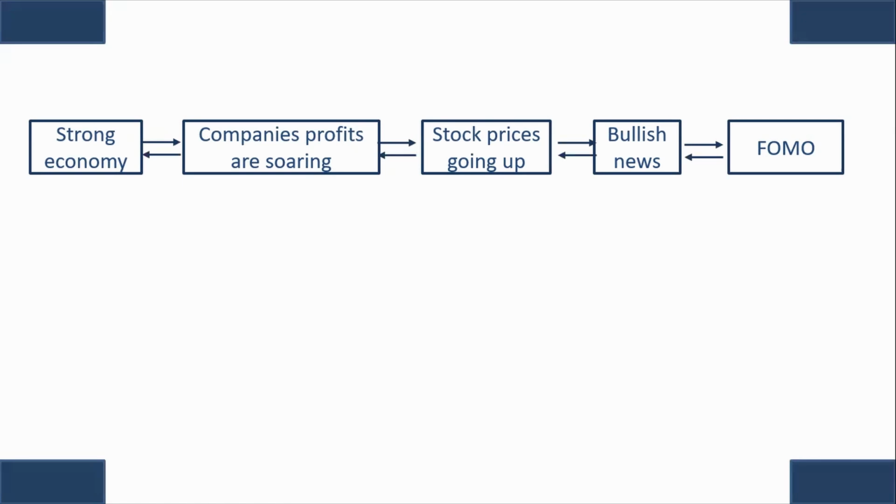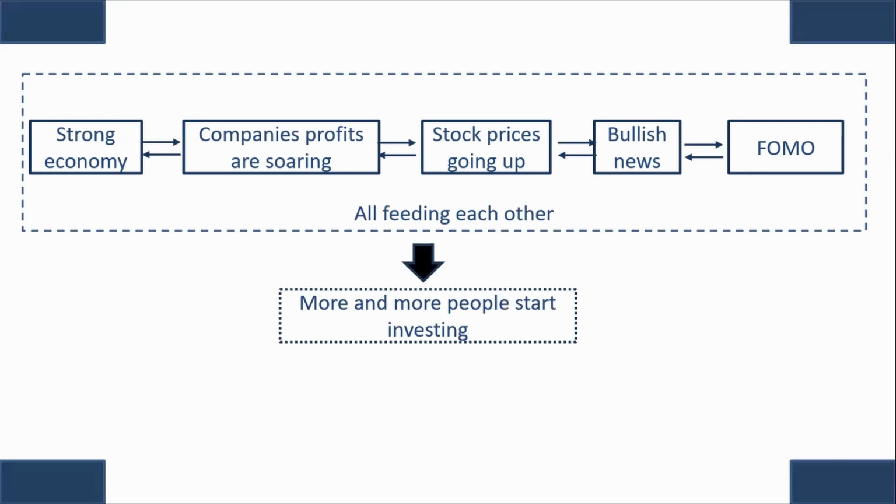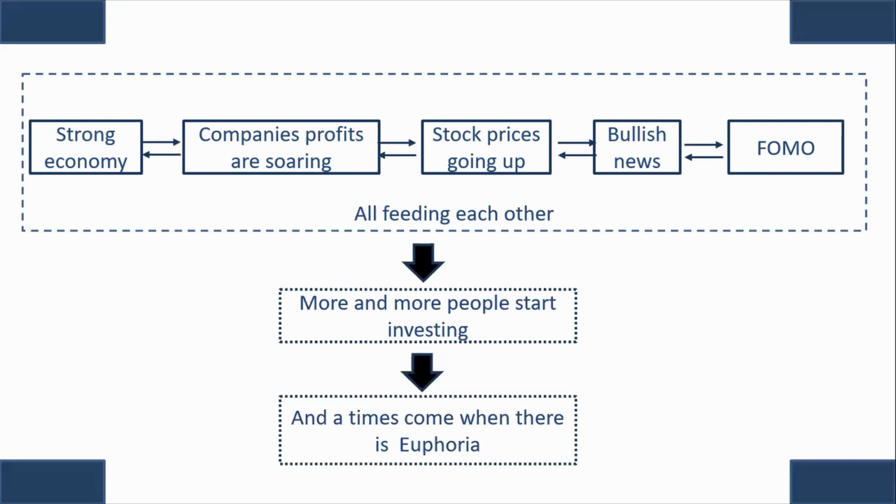Because a strong economy will lead to companies' profit, and profit will lead to stock prices going up. Bullish news will be there and it will increase the FOMO. So all this starts feeding each other, and because of that, more and more people start investing in the market. Newer people start coming into the market.